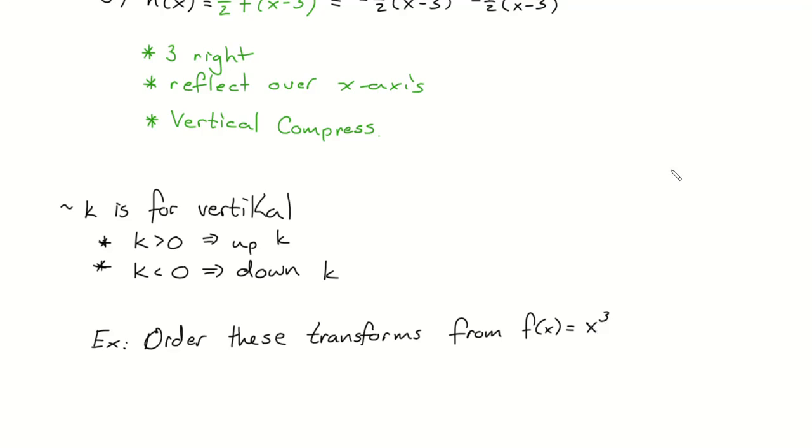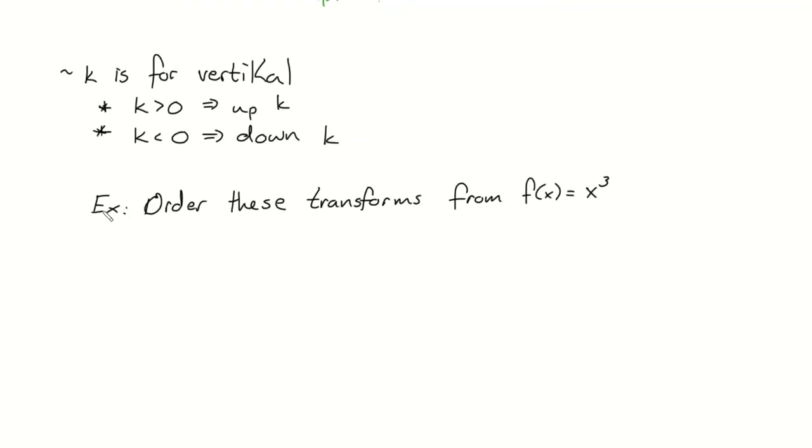Okay, so I'm going to write an ugly expression here, and I want you guys to tell me what happened to move from the graph of x cubed to this new one. All right, so we have h of x equals, let's say, negative 2 times (x plus 3) cubed plus 1.